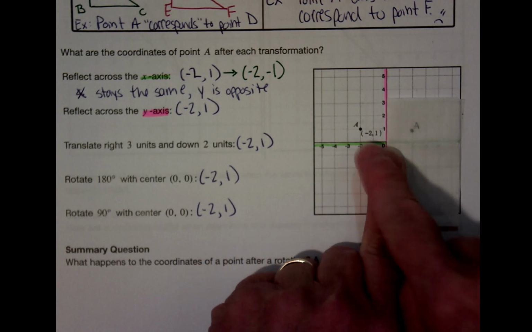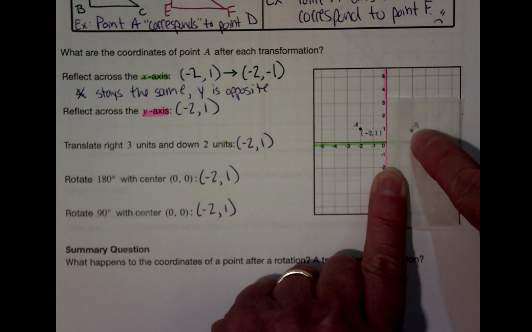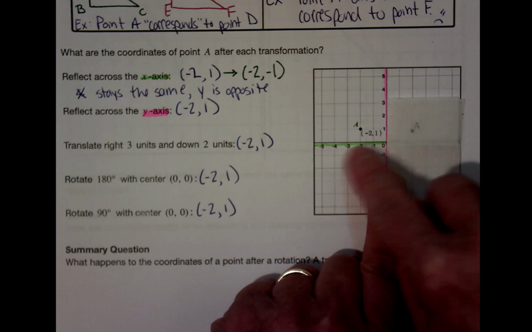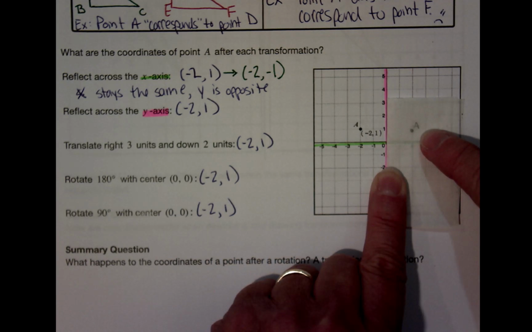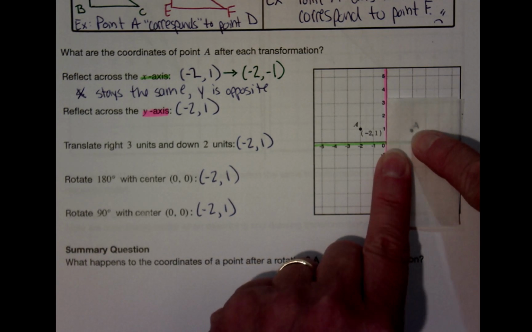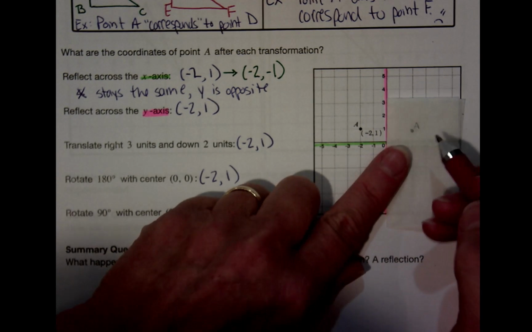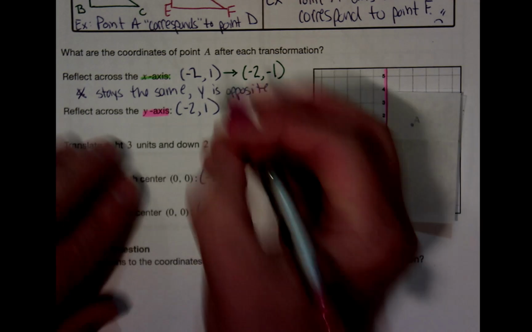this time you can see that instead of going to the left to get to my transformed point, I'm moving to the right. So instead of going -2, I'm going +2. But the y value stays the same. I'm still increasing 1. Well, you can see that under the transparent paper. So this time, with the pink pen, our transformed point is now +2, +1.